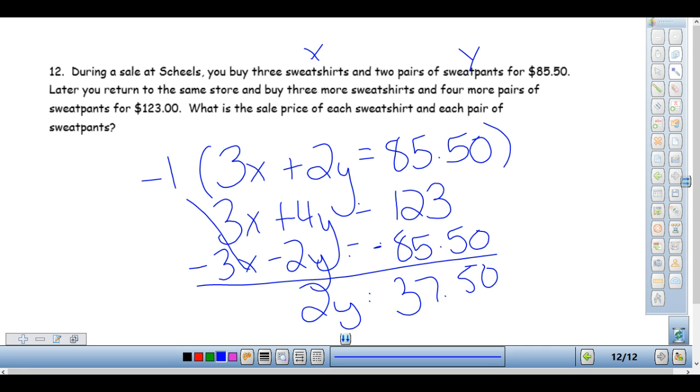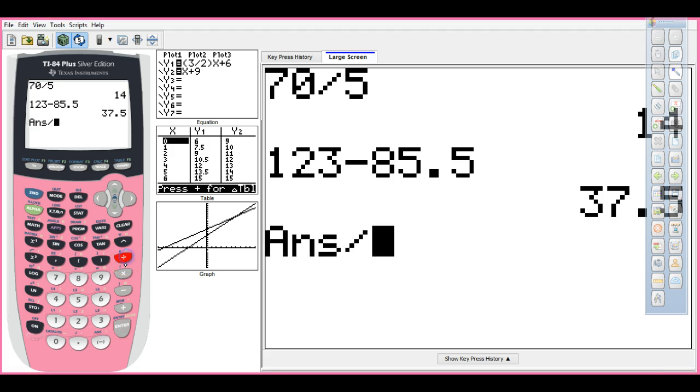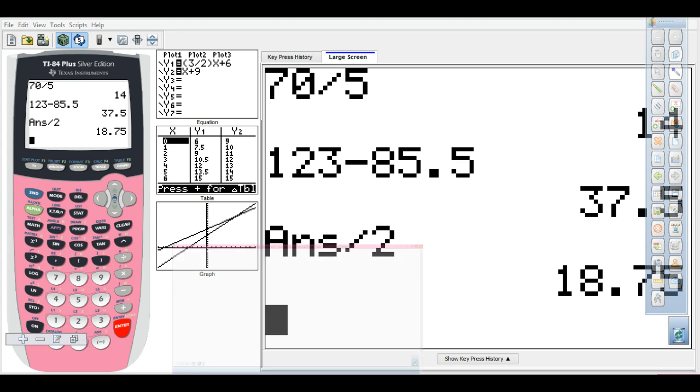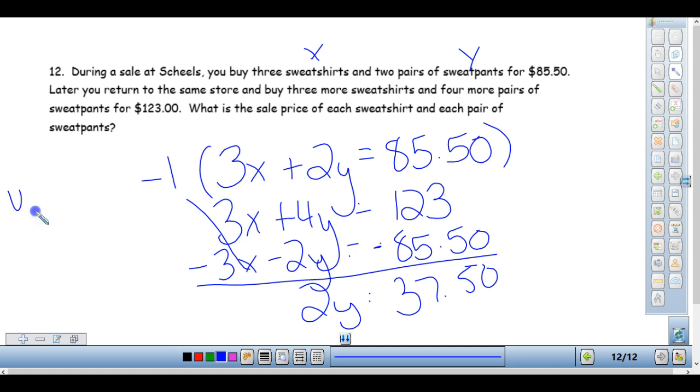And then if we take that and divide by 2, we get 18.75. Therefore, y equals 18.75, or my sweatpants are $18.75.